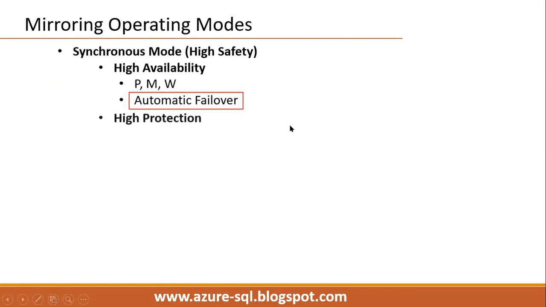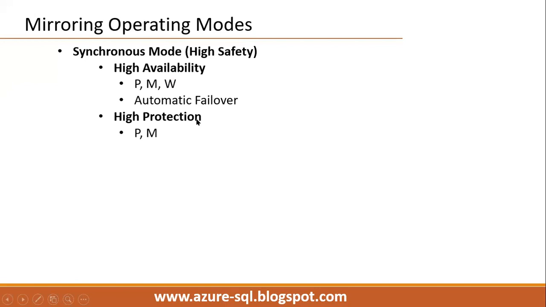But tomorrow, unexpectedly, this witness server is down. Principal is there, mirror is there, but witness is down. In general, remember, without the witness server there is no automatic failover. That's why it will automatically change to high protection mode.